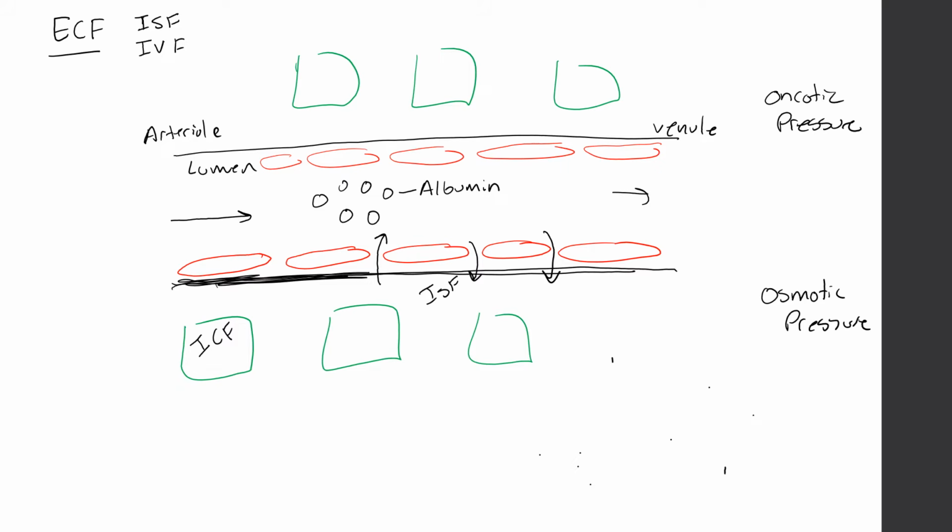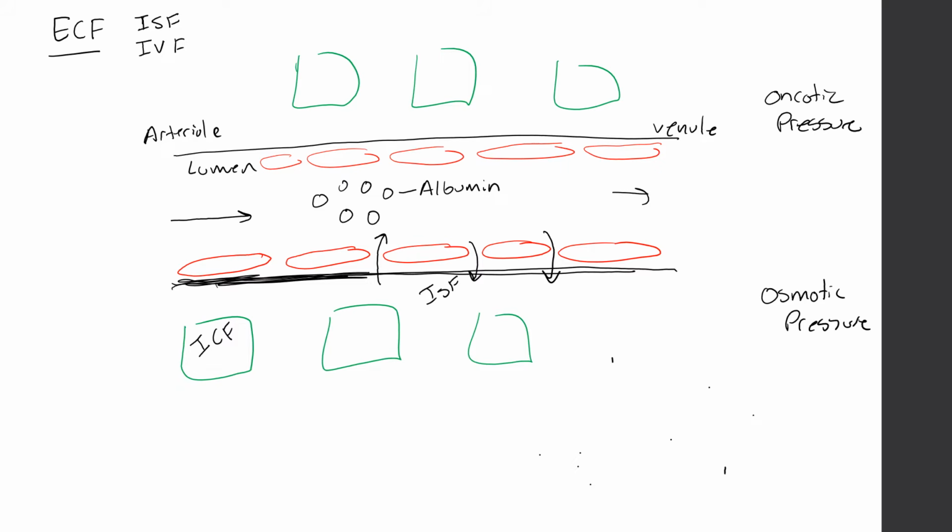Now, that is osmotic pressure. It's the same principle that we talked about in the first lecture. The only difference here is that this is osmotic pressure due to proteins, and so therefore it has a special name. So we're going to call it oncotic pressure. Another term for it is colloid osmotic pressure.